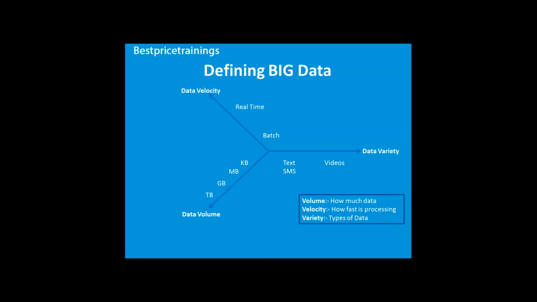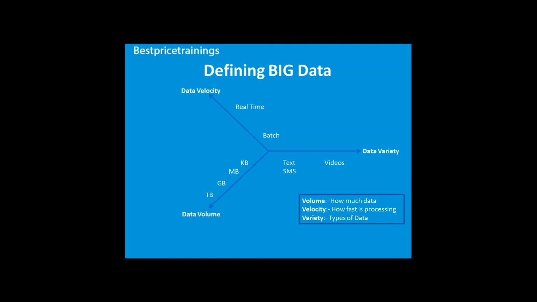You can consider it a historical comparison: during our school days we used to carry floppy disks with just a few kilobytes only. But now hard disks of terabytes are very common, only because of the huge amount of data that we are storing in our current scenario.